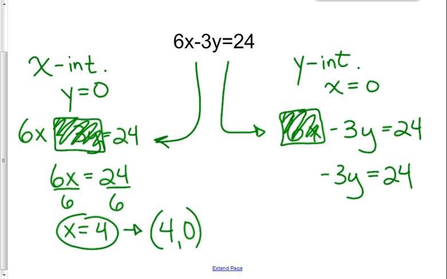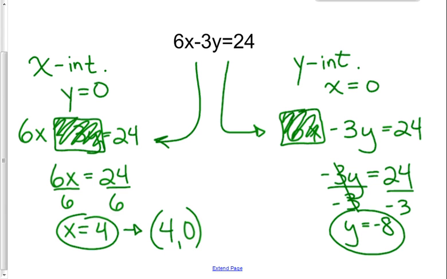So -3y equals 24. Divide both sides by -3. And so y equals -8. We want to write that as an ordered pair. So the x value is 0 and the y value is -8. So that's how we find both the x-intercept and the y-intercept.